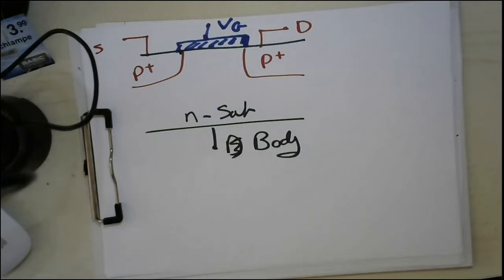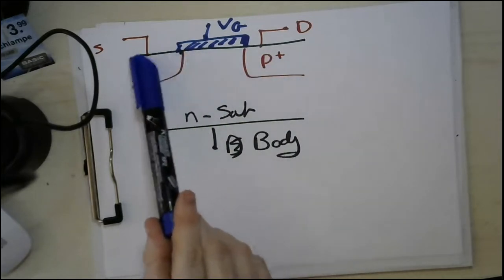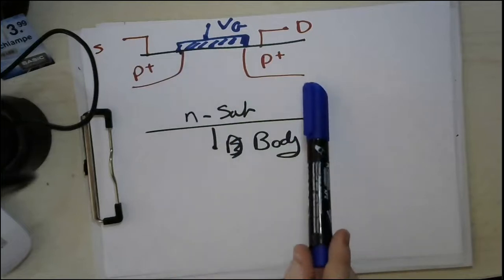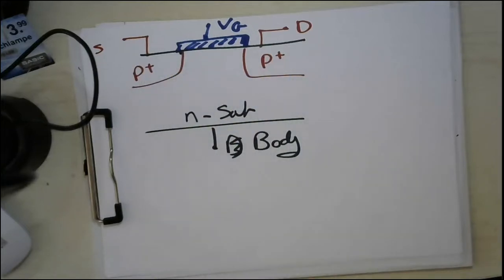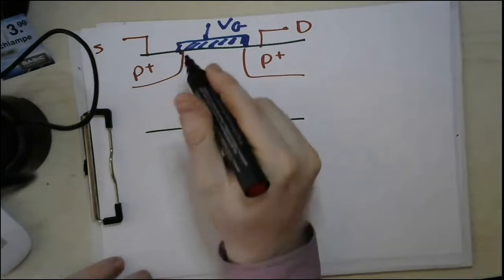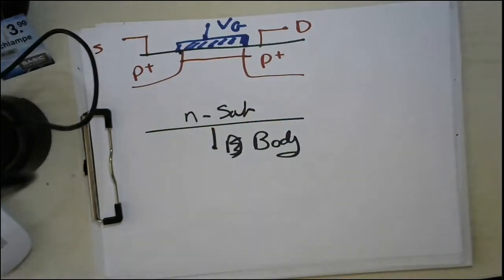Okay, so let's start to repeat the same story. The first step is that you would like to make some sort of linking between the source and the drain. Now the source and drain both are P type, so the linking should also be P type. So you need to invert this region to be P type.